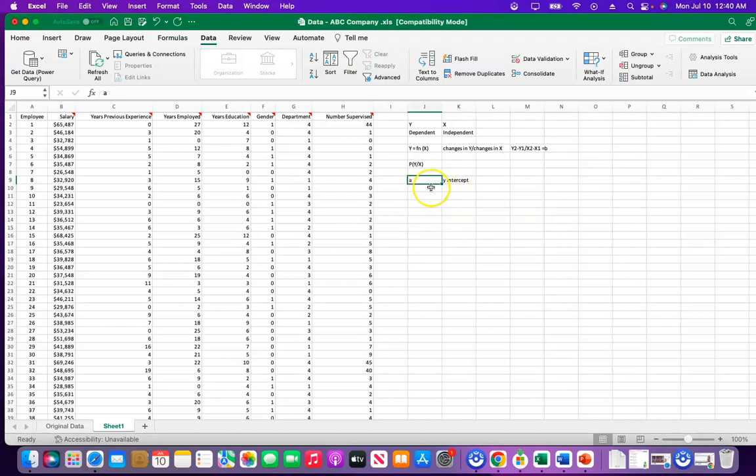Having the y-intercept, we can write our model as y equals y-intercept plus slope times x. That's what we call the single linear regression model, or we can say it is a bivariate linear regression model.